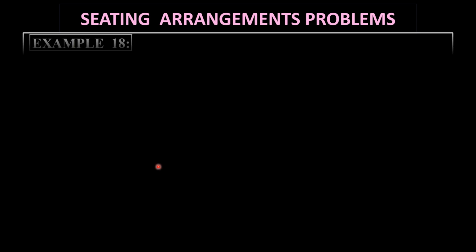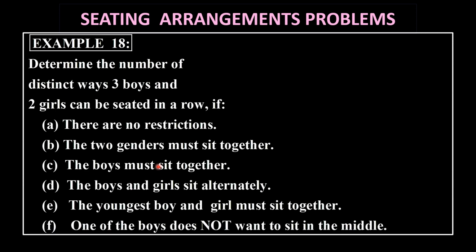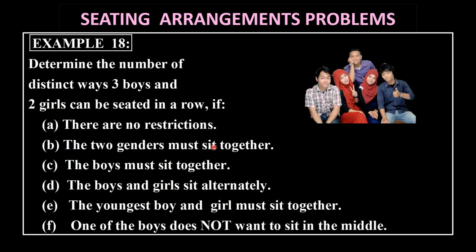Let us consider the first example of seating arrangements here. We have 3 boys and 2 girls that need to be seated in a row, and there are some questions. There are no restrictions, then genders must sit together, and then boys must sit together.